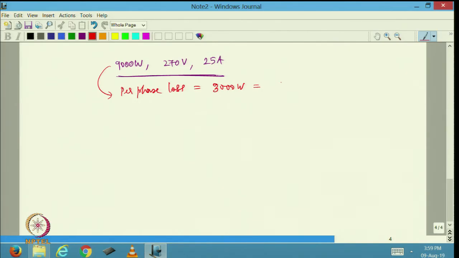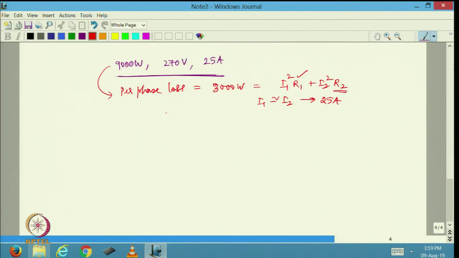This corresponds to I1 square R1 plus I2 square R2. I know R1 already. I am going to assume I1 is approximately equal to I2, which is 25 ampere.